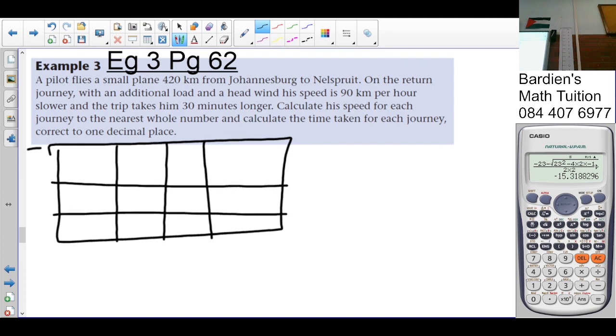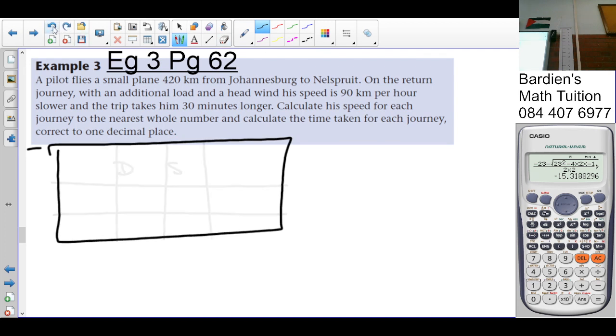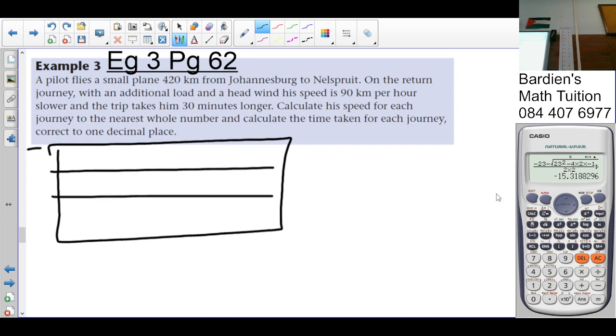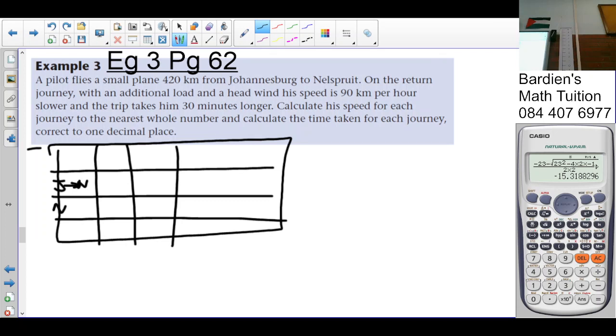So you've got your distance, your time, and your speed. You're going Johannesburg to Nelspruit, Nelspruit to Johannesburg. It always will be a return.